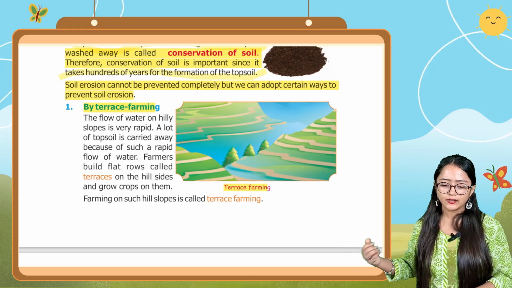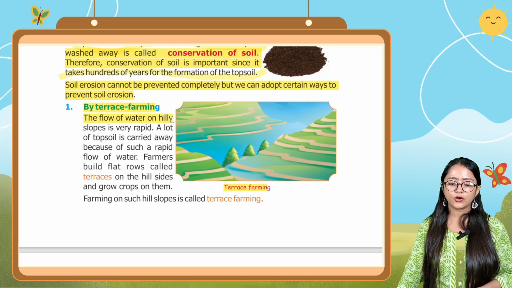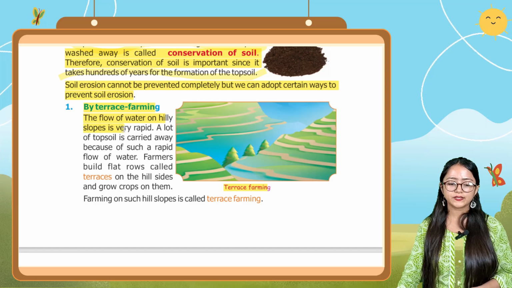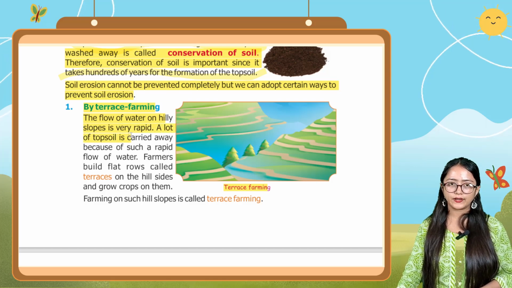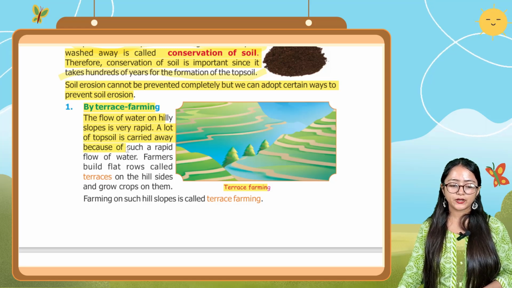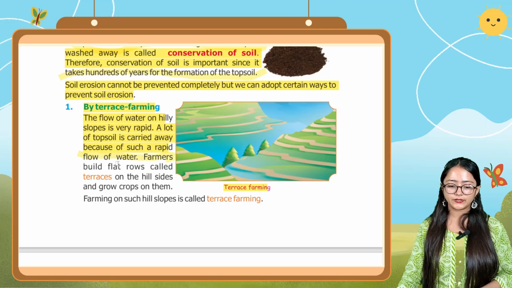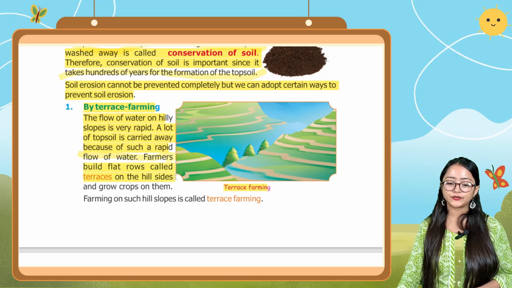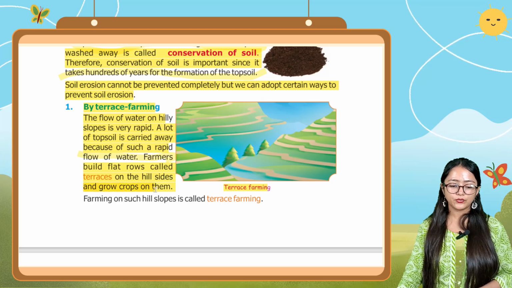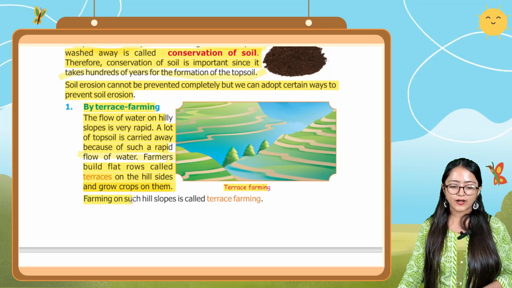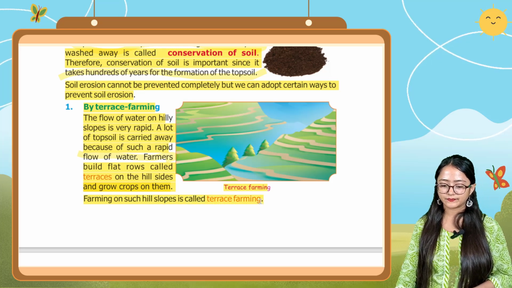The flow of water on hilly slopes is very rapid. A lot of topsoil is carried away. Because of such a rapid flow of water, farmers build flat rows called terraces on the hillsides and grow crops on them. Farming on such hill slopes is called terrace farming.